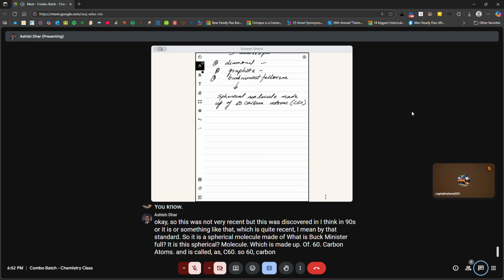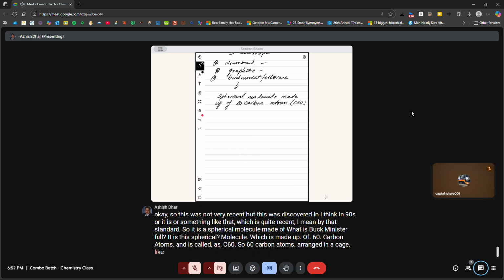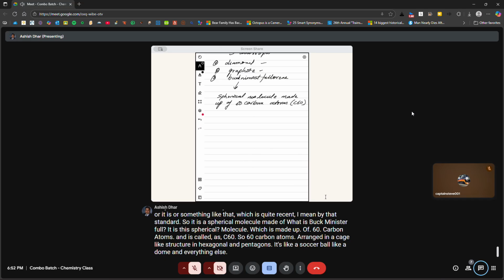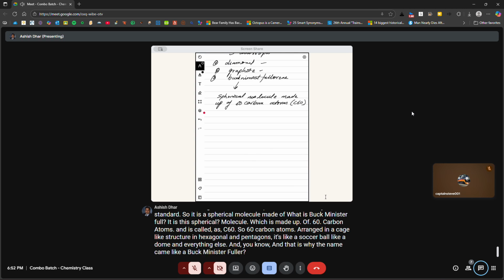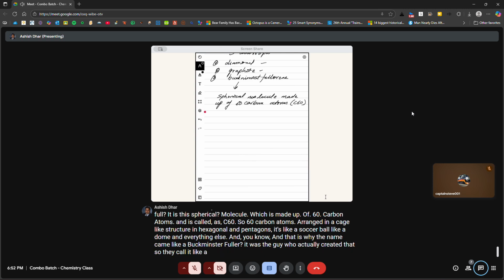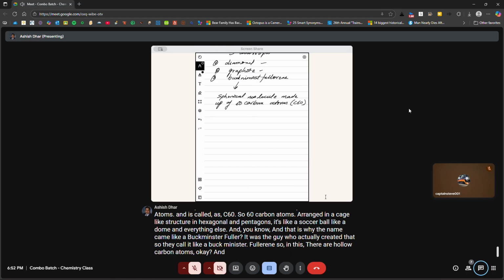So 60 carbon atoms arranged in a cage-like structure of hexagons and pentagons. It's like a soccer ball, like a dome. That is why the name came from Buckminster Fuller, the guy who actually created that structure. So in this, there are hollow carbon atoms, and that's why it has that structure.